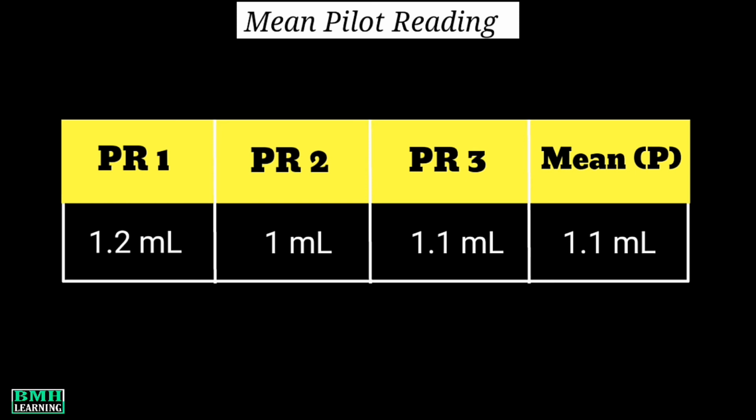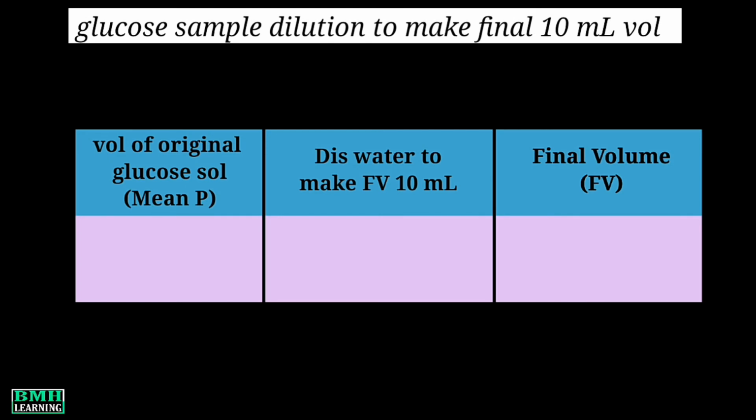So if we closely look at the variations in these PR values, we must assume that the final value must fall between 9 to 11 ml. So in order to make the final 10 ml dilution, for the volume of glucose sample, we need the average, that is 1.1 ml of glucose, and we require 8.9 ml of distilled water to make it 10 ml.